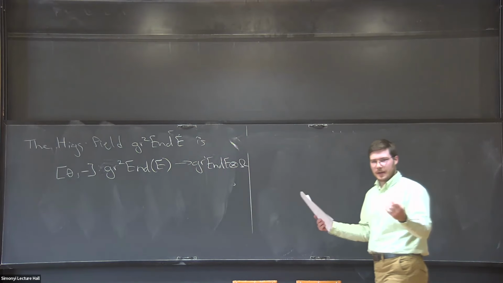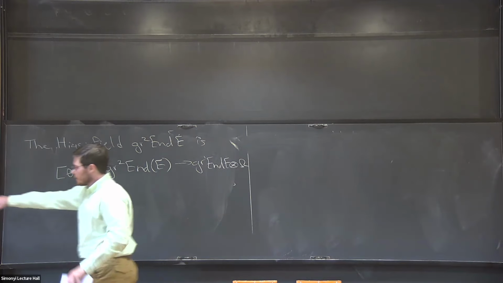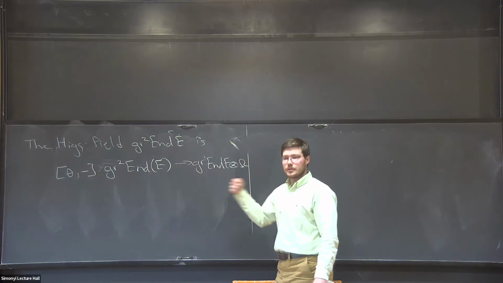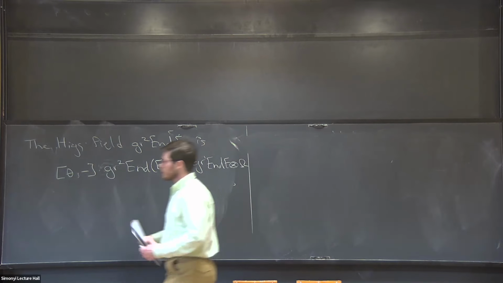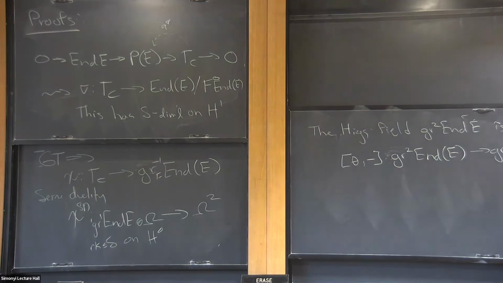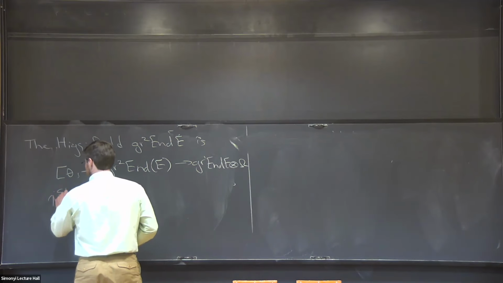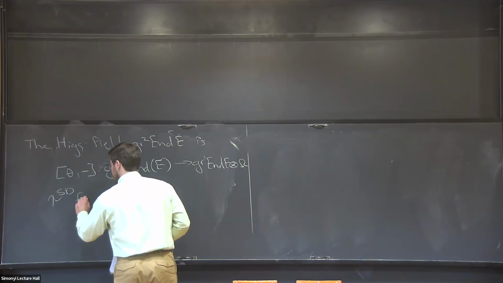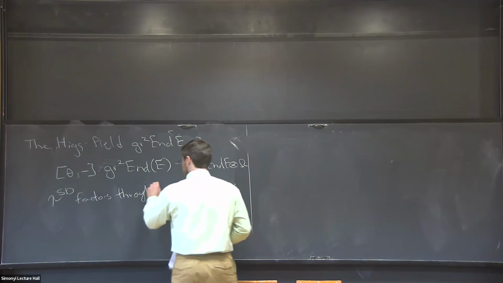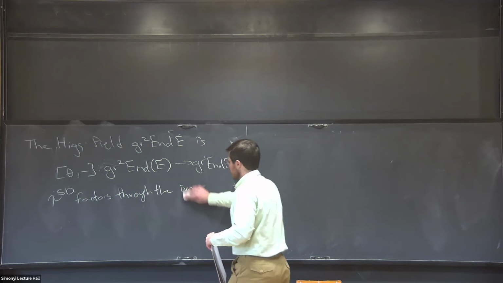But the defining condition of a Higgs field is this integrability. So that's a Higgs field here. This is a Higgs field here. I compose the two, and it has to vanish. So in particular, that means this Serre dual map is actually factoring through the image of this. So psi Serre dual factors through the image of this. I should say the cokernel.